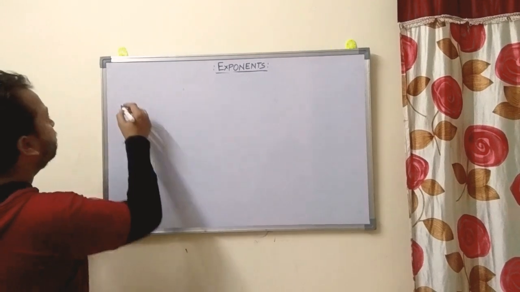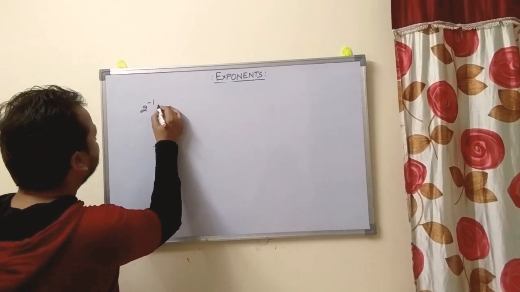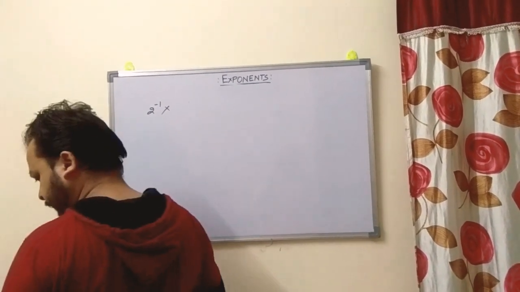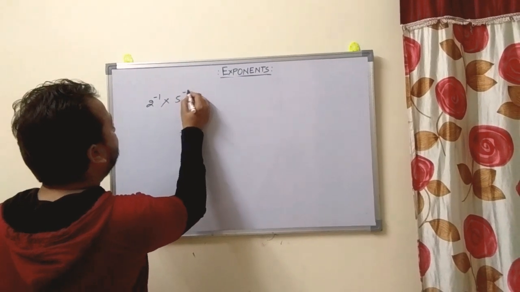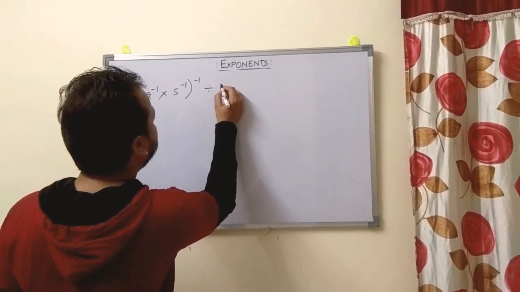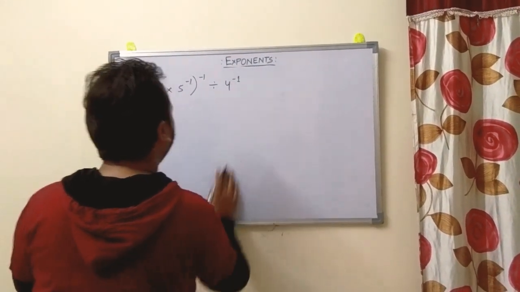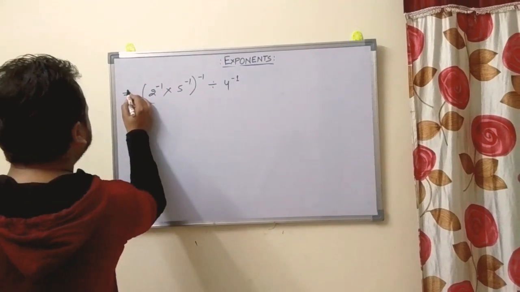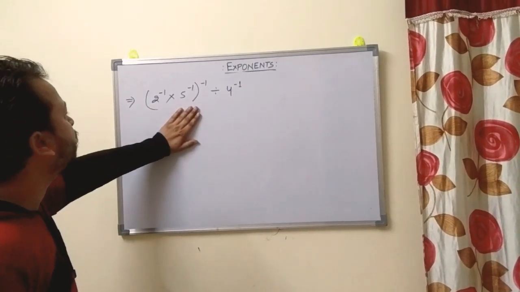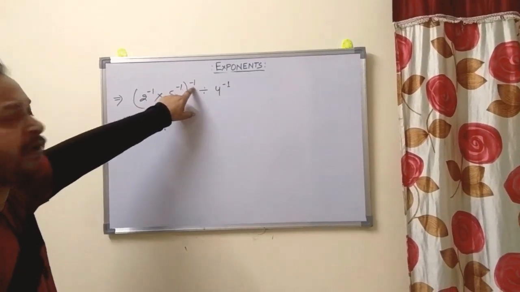The question is 2 power minus 1 multiplied by 5 power minus 1 whole power minus 1, which is being divided by 4 power minus 1. So what you have to do, take the reciprocal first.